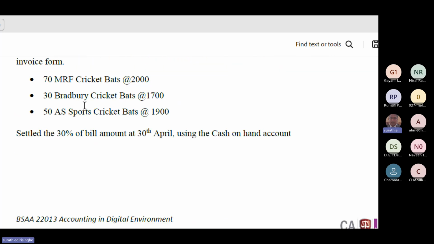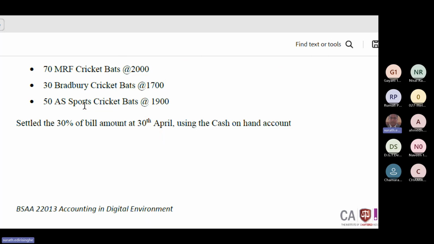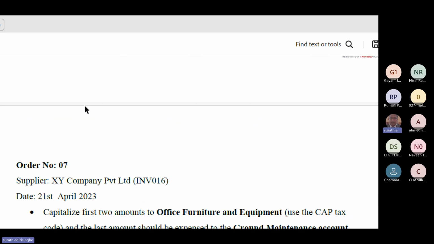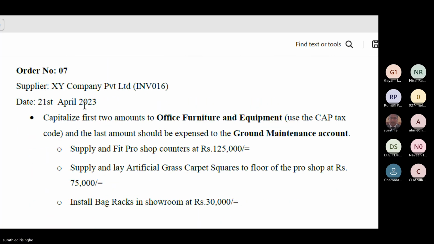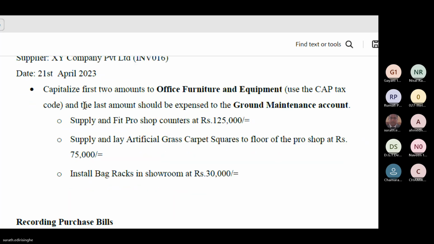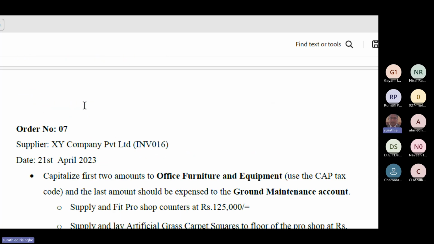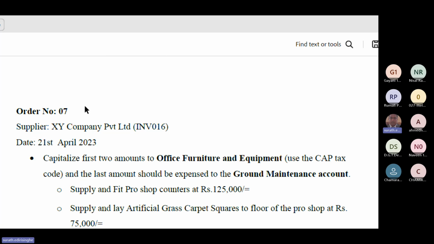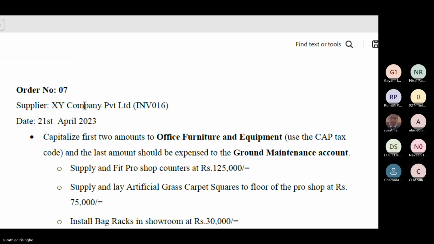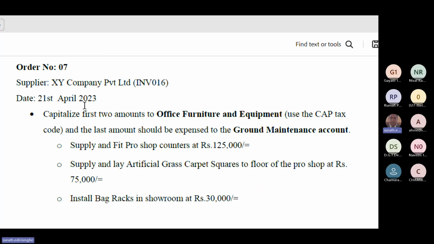Receiving the quantity, paying 30%, no return. Capitalize another transaction, the XYZ company transaction. Capitalize the first two amounts to the office furniture and equipment, and the last amount should be expensed to ground maintenance.